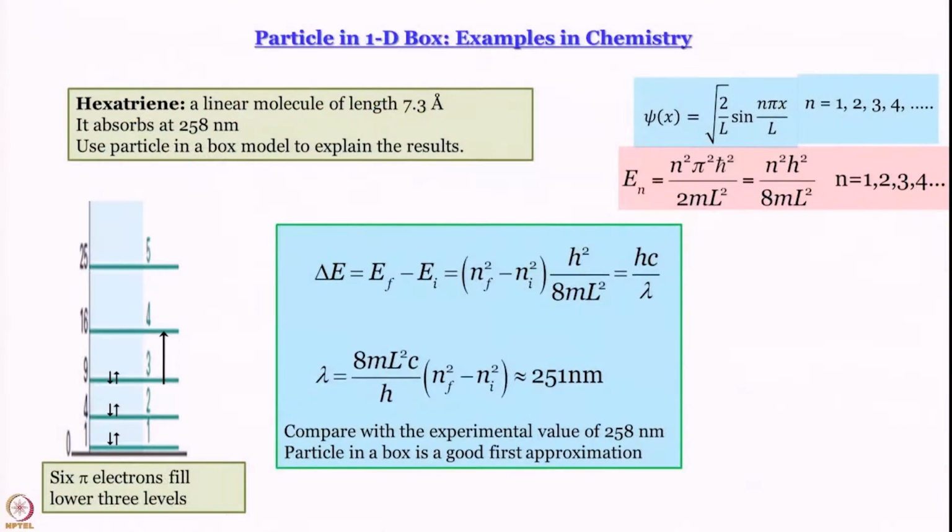Also, if you look at the energies of the MOs of hexatriene by a more rigorous quantum mechanical calculation, the energy gaps are not going to really increase as you go higher up. So, even though there may be some agreement at lower energy levels, at higher energy levels this will definitely not work. But it gives us a starting point. So, it may not be such a bad model after all.